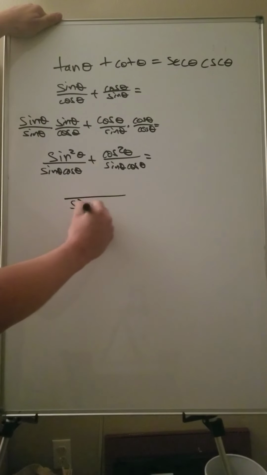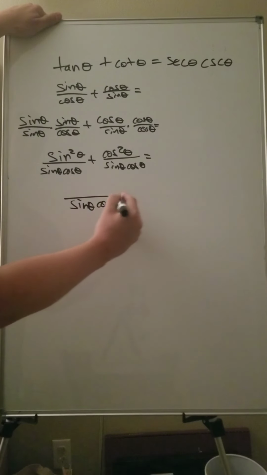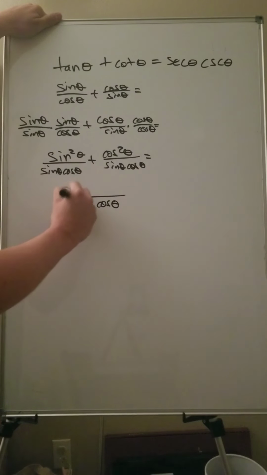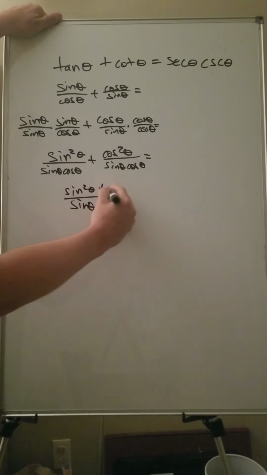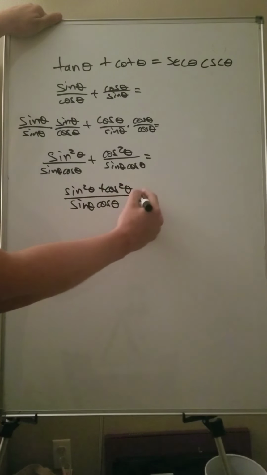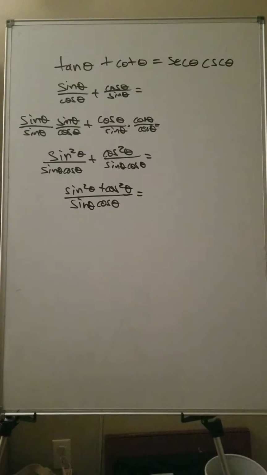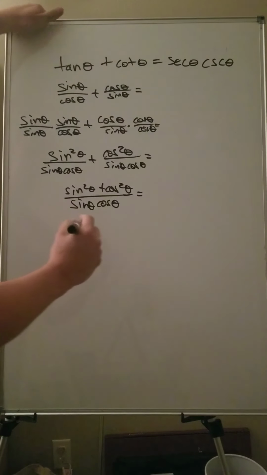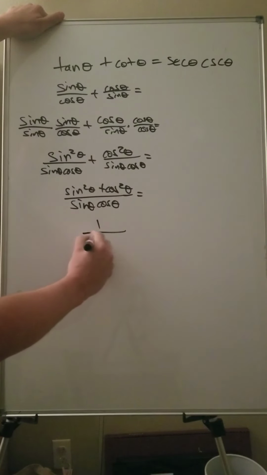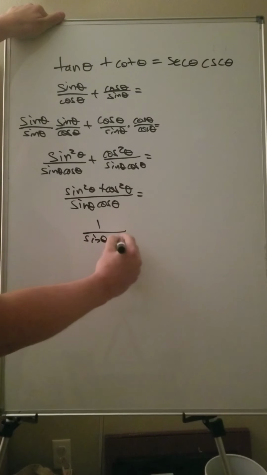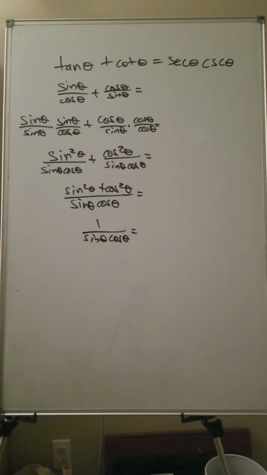So this is all over sine theta cosine theta, and on top I'll get sine squared theta plus cosine squared theta. We should recognize at this point that's just equal to 1. So I get 1 over sine of theta cosine of theta.